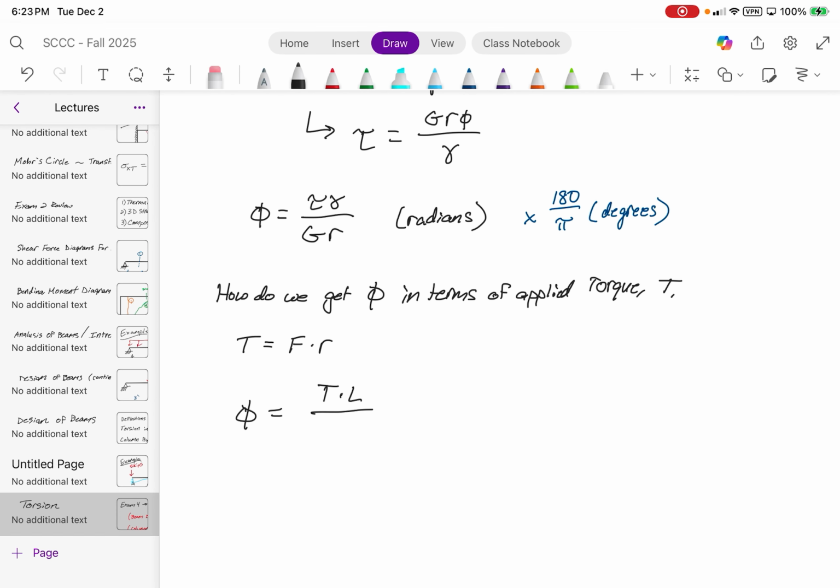This J is a cross-sectional property within your tables.